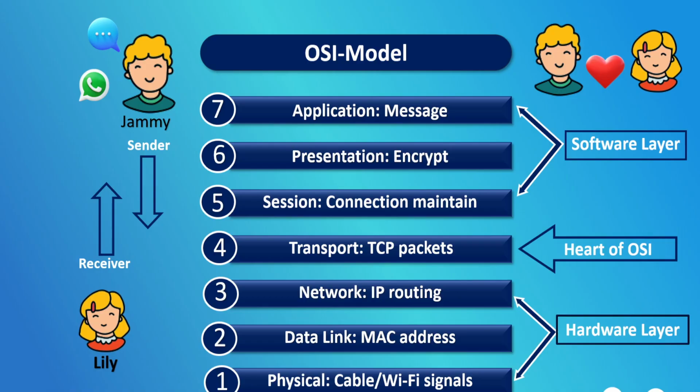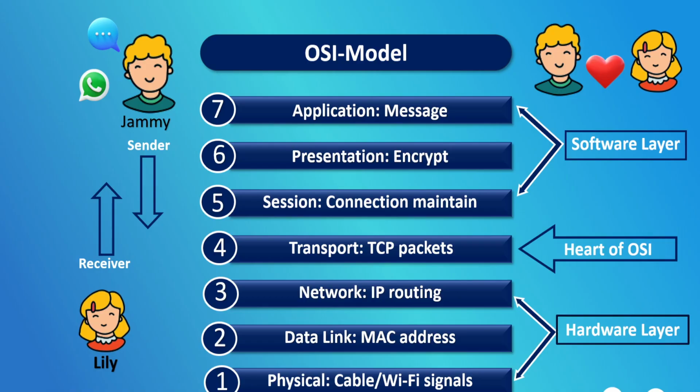Then the packet will be sent to the network layer. At the network layer, it will decide where the data should be sent, because the internet is very large, with thousands of IPs and thousands of devices. On that network, which device should this data be sent to?